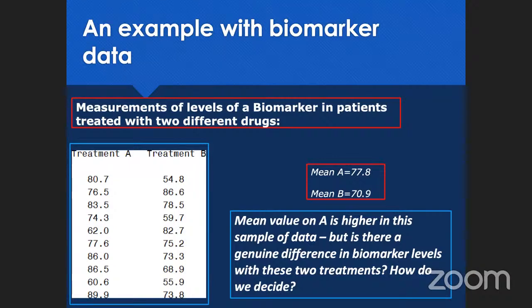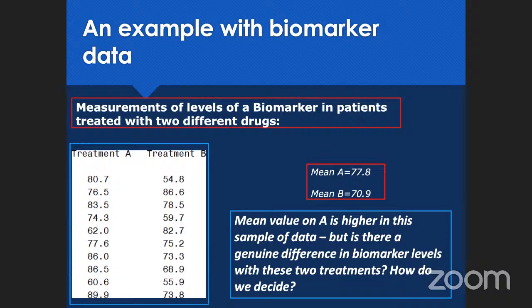So this is an example of biomarker data. These are measurements of the level of a biomarker in patients who were treated with two different medications. So this is divided into all the participants taking treatment A and all the participants taking treatment B. Calculating the mean value for A is done by adding all the values in group A and then dividing by the total number of participants in that group.